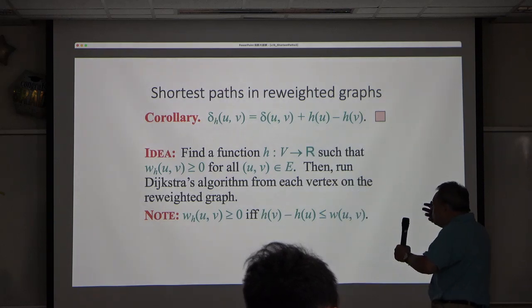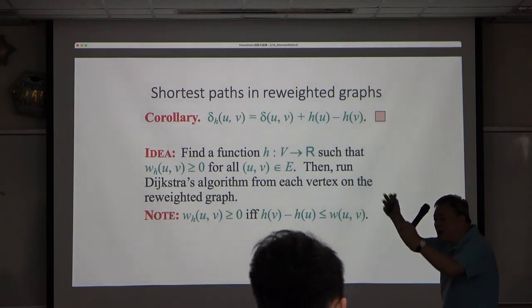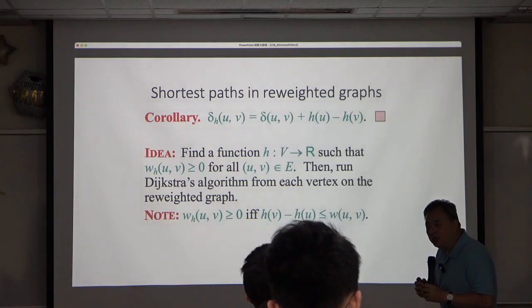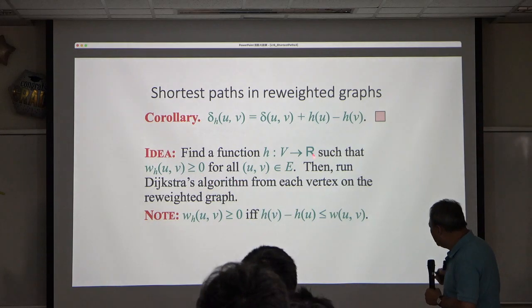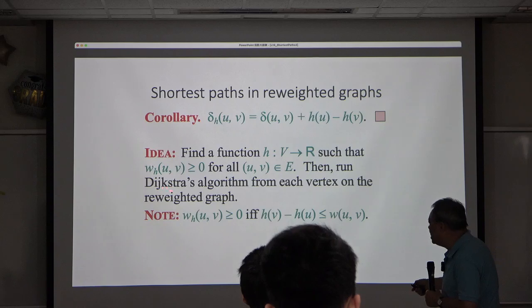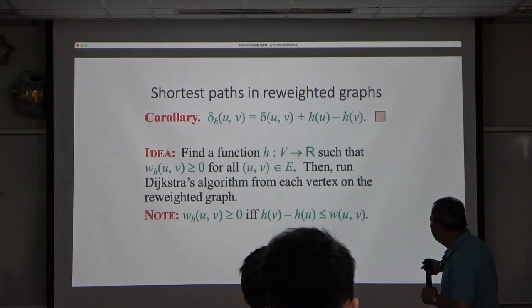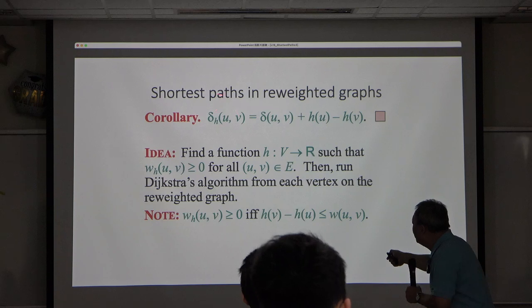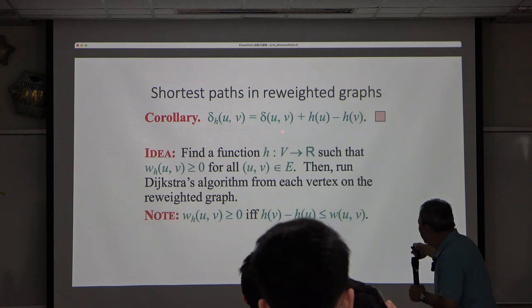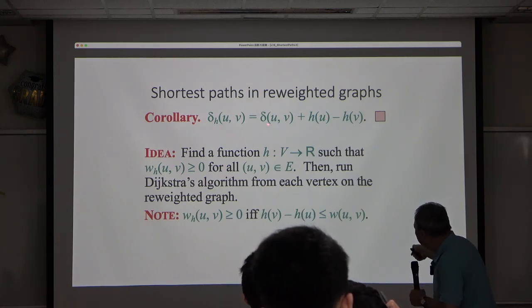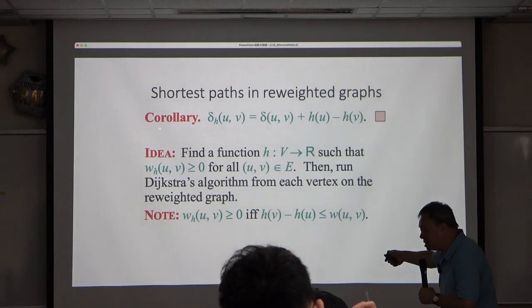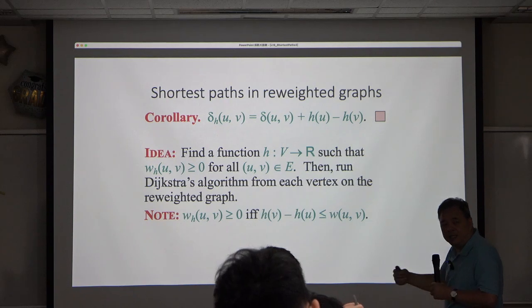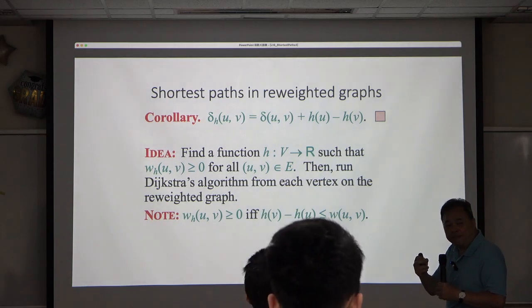Once we finish that, because this graph contains no negative weight edge, we can apply Dijkstra's algorithm from each vertex on this reweighted graph, right? To obtain this one. But once you obtain this one, you can get this one by minus h(U) plus h(V), right? It's simple math, right? You see what I'm doing?